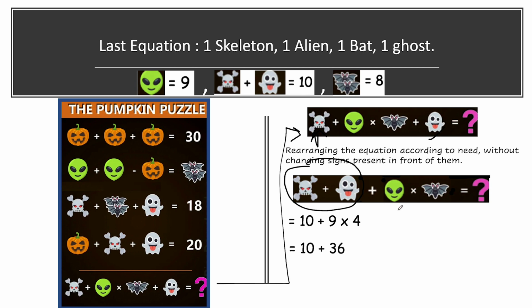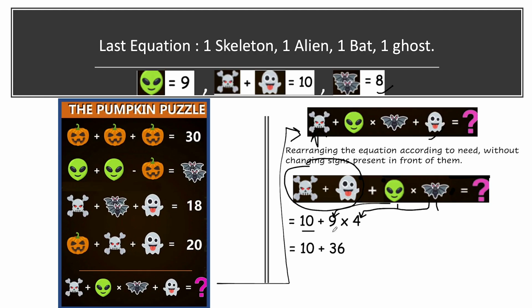Now, in addition will be with alien and multiplication with a bat. We know 2 bats equal to 8 as we identified in the last equation, so 1 bat equal to 4. So we put this value of bat as 4. We know the value of ghost plus skeleton is equal to 10 from the last solved equation, and we know the value of alien is equal to 9.